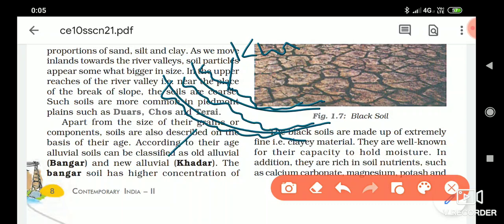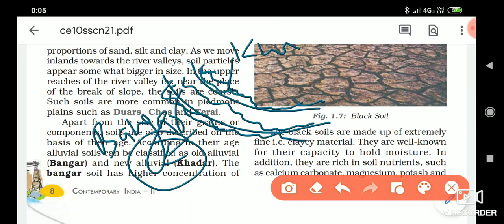When you go far from the riverbed, all the material which you get far away is known as Bangar. So this is Bangar, and Khadar soil you will get just near the riverbed. Why?